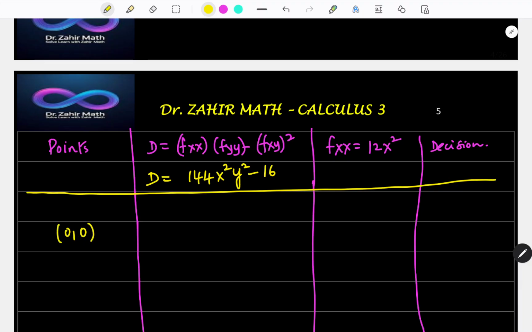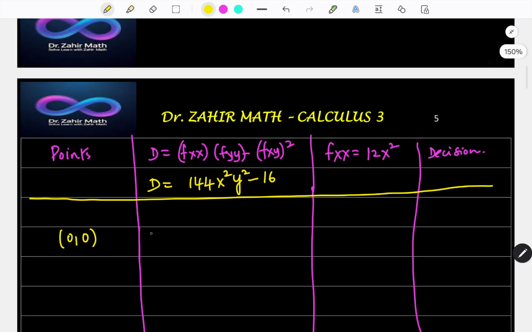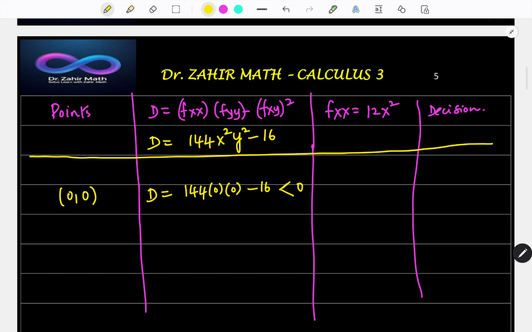The first point is (0, 0). When I put x equals 0, y equals 0, I get 144 times 0 minus 16, which is less than 0. Then after that you get (1, 1). If you put 1, 1, D is equal to 144 minus 16.